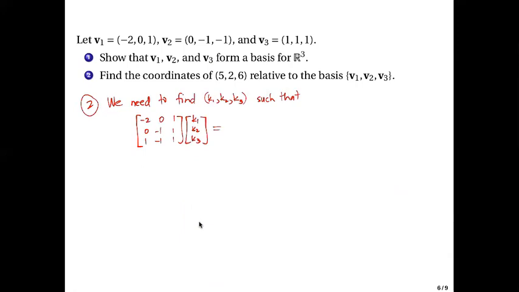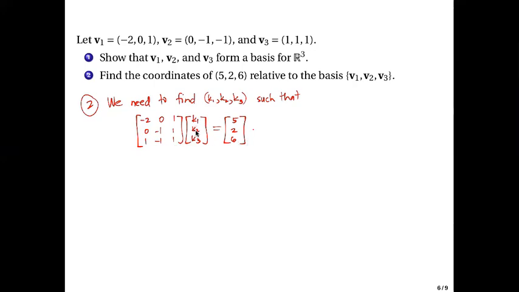We want to find K1, K2, and K3 so that when you multiply this, we will have the vector 5, 2, 6. Okay? But this guy here, since the determinant of this is not equal to 0, this will have a unique solution.